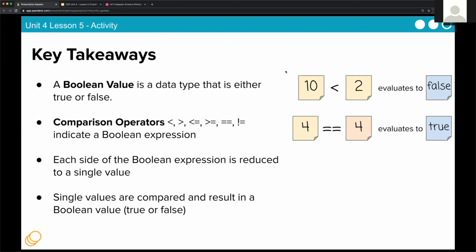Here are all the comparison operators that we covered. And then some key ideas: each side of a Boolean is reduced to a single value. Single values are compared and result in a Boolean value, true or false. And I'll be posting the video of this, so if you didn't get all that information, don't worry, you can go back and get it.